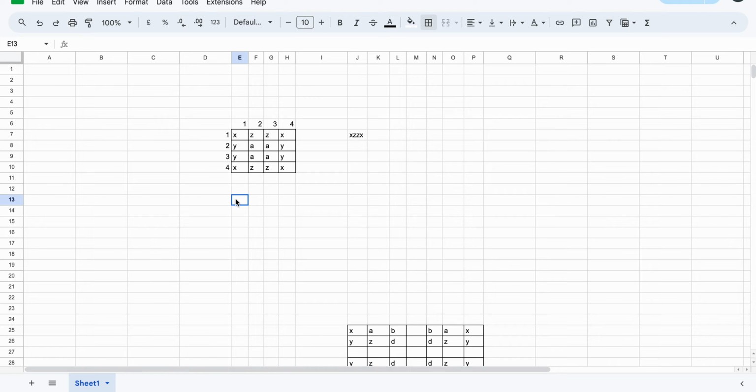So in other words, I will consider the ijth element along with, if I consider ij, then in the ith row, the n minus j minus 1th element should be the same.